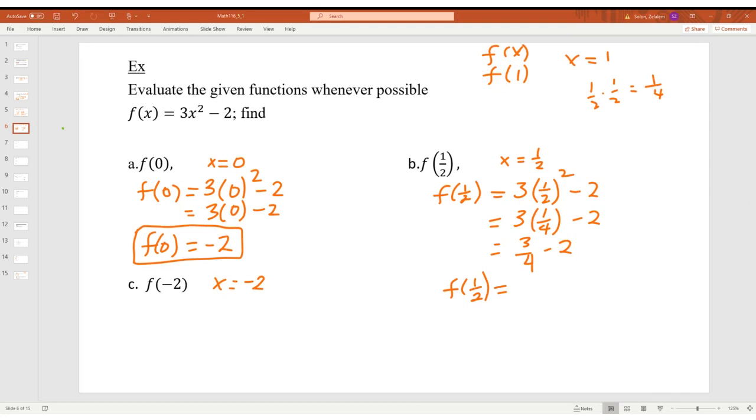So what is 3/4 minus 2 over, technically 2 over 1, and make it the same denominator and simplify. So what is 3/4 minus 2? Negative 1, okay. One over 3.